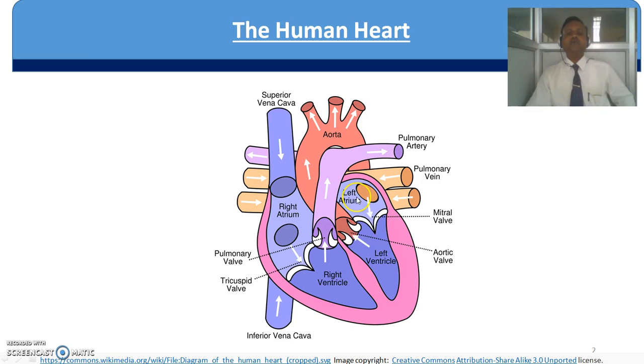Now, these compartments are separated by valve-like structures which prevent falling back of blood from one compartment to another. If the blood comes from the left atrium to the left ventricle, it is necessary that it should not be pushed back into the left atrium when this ventricle contracts.